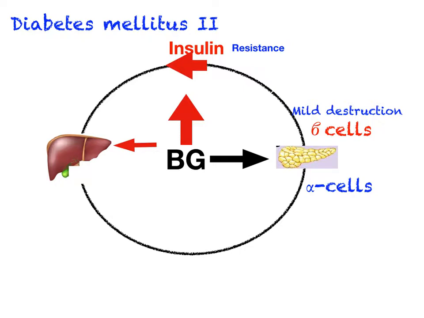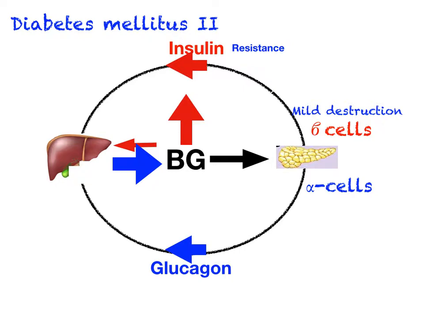So blood glucose will still be high, and again, the alpha cell will increase its production of glucagon, and glucagon will initiate glycogenolysis in the liver, with further rise of blood glucose. And we call that diabetes mellitus type 2.